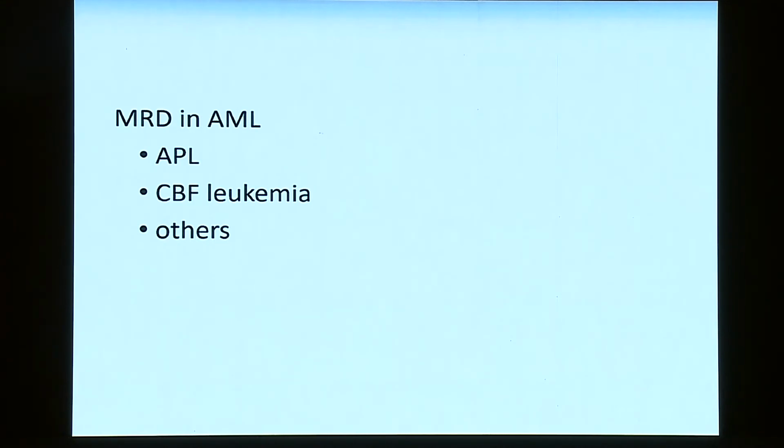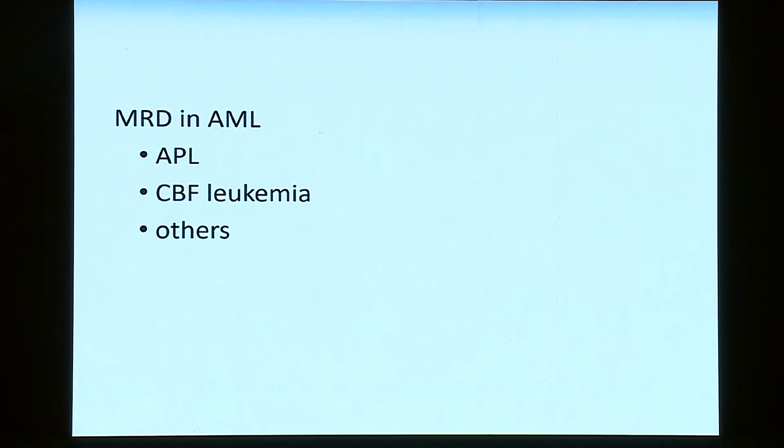MRD in acute myeloid leukemia, for example, in acute promyelocytic leukemia, for the last 15 years or so, we have known that monitoring the molecular test for PML-RARA is important, although now they are not doing it for low risk, but for high risk.